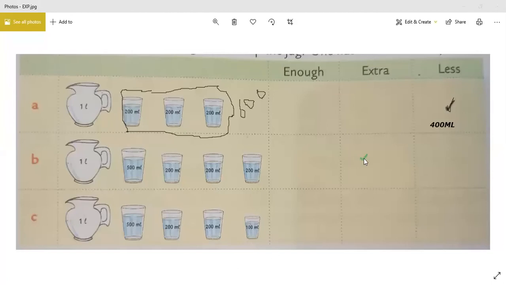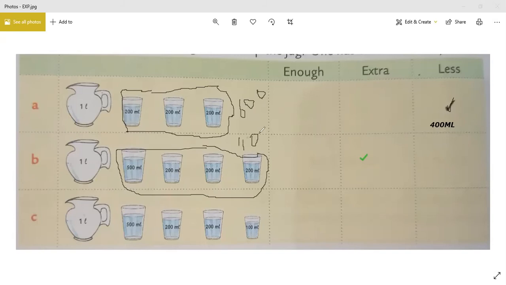Ma'am, the capacity of the jug is 1000 milliliters and the total is 1100 milliliters. If you calculate all four glasses together, 500 plus 600, the total will be 1100, right?